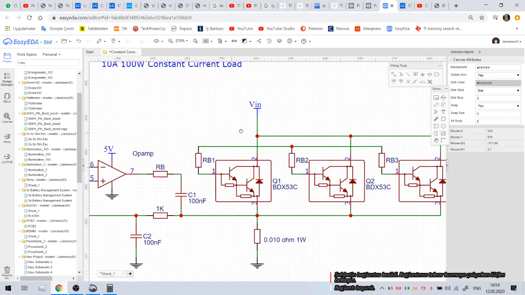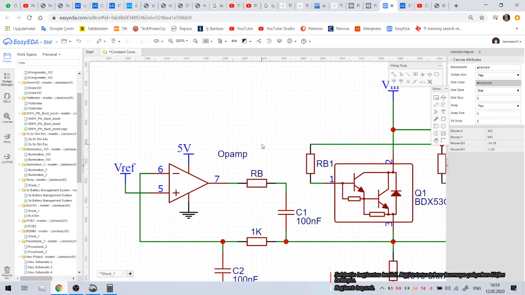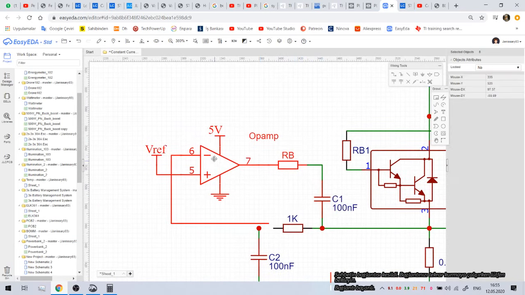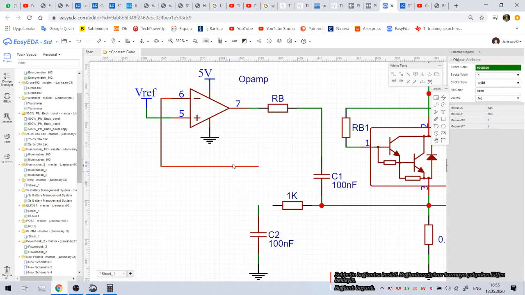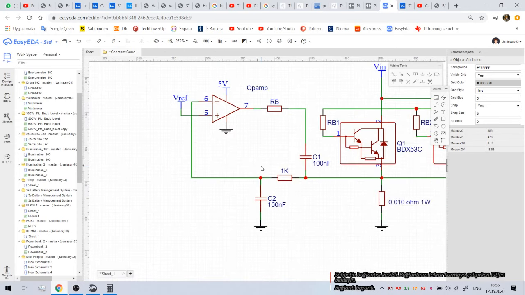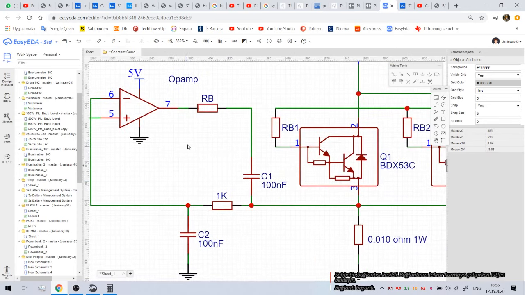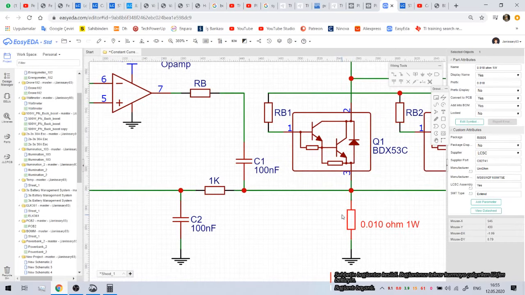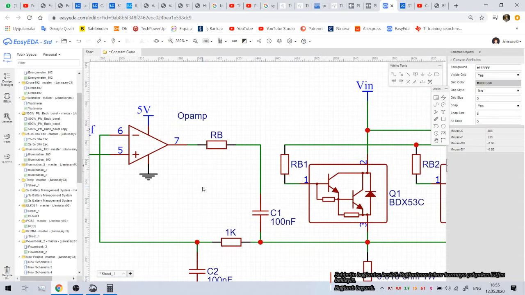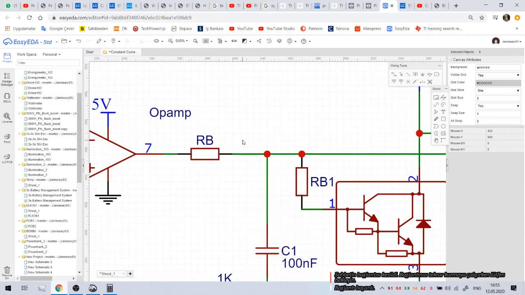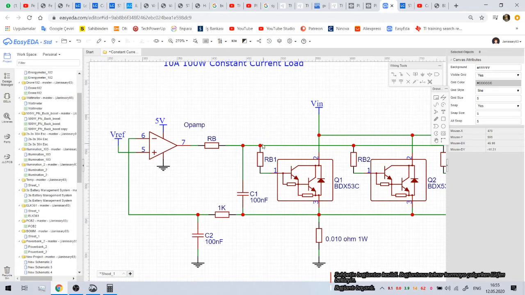And also the V-in terminal. Nice. Yes, going upside. I also want to filter the output voltage of the op amp, the base currents also.